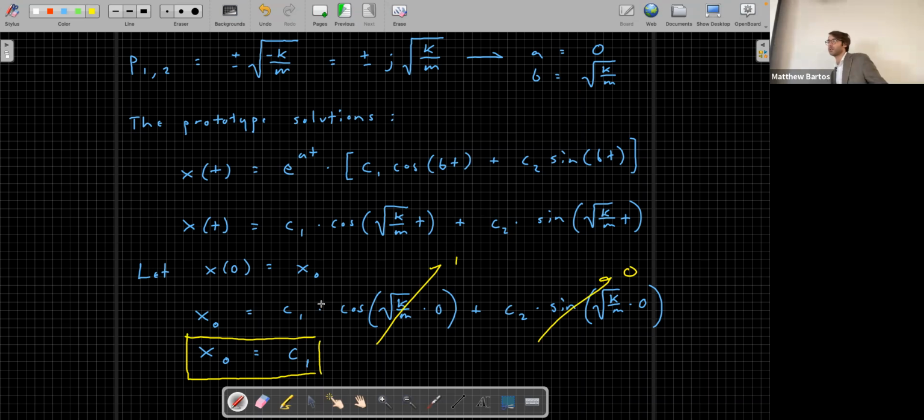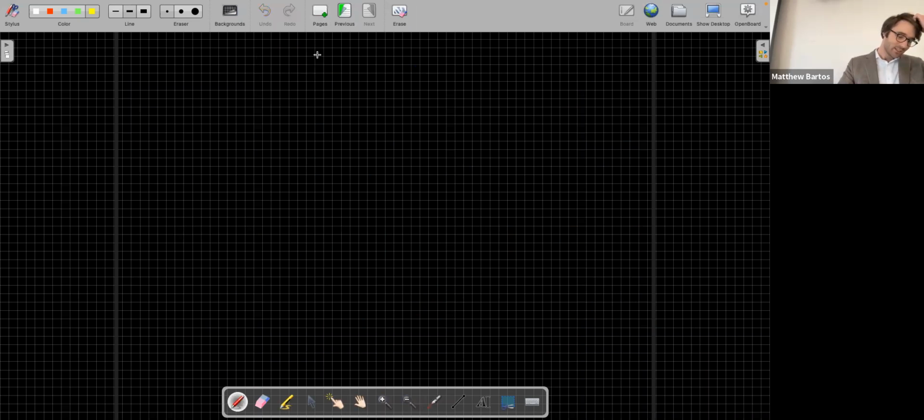All right, now what do we do now? Right, so we need to use our other initial condition on the velocity. That means we have to do what to this original equation here? Yeah, we have to differentiate it. Okay, so let's go ahead and do that. If we differentiate this equation, what we get is x dot t is equal to negative square root k over m sine square root k over m t.